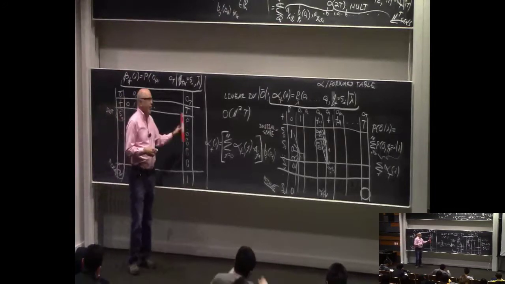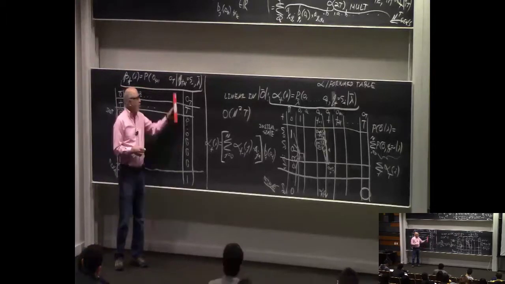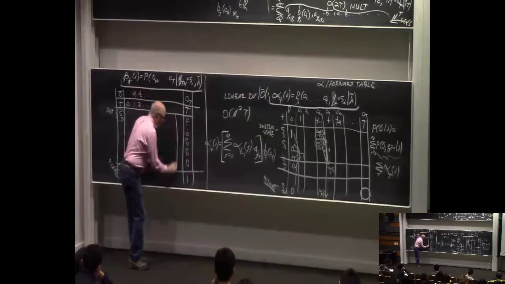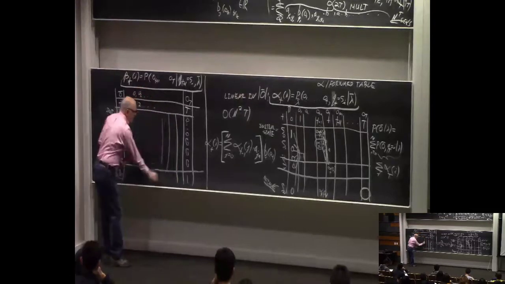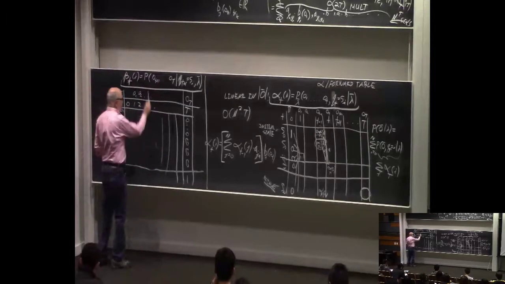I'm going to fill the table backwards, just like I filled the alpha table forward. So I'm going to use this column to fill this column, and then use it to fill this column, and then this column, and so forth. I won't spend the time on it.